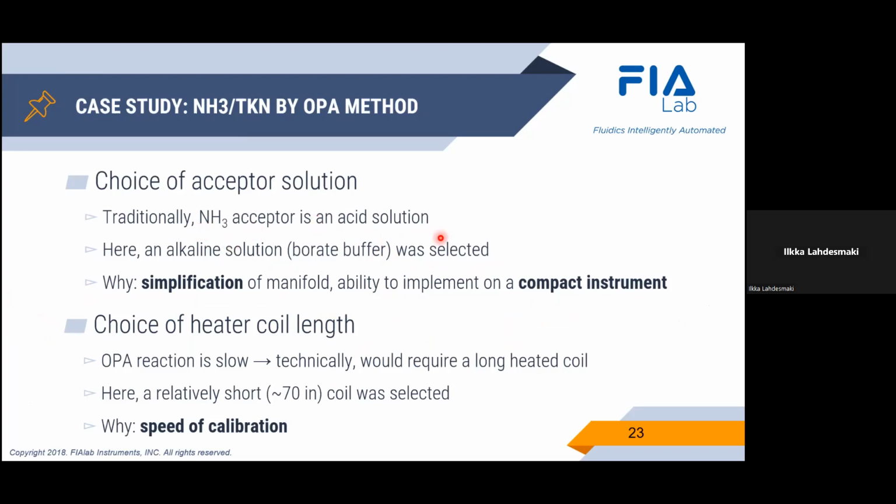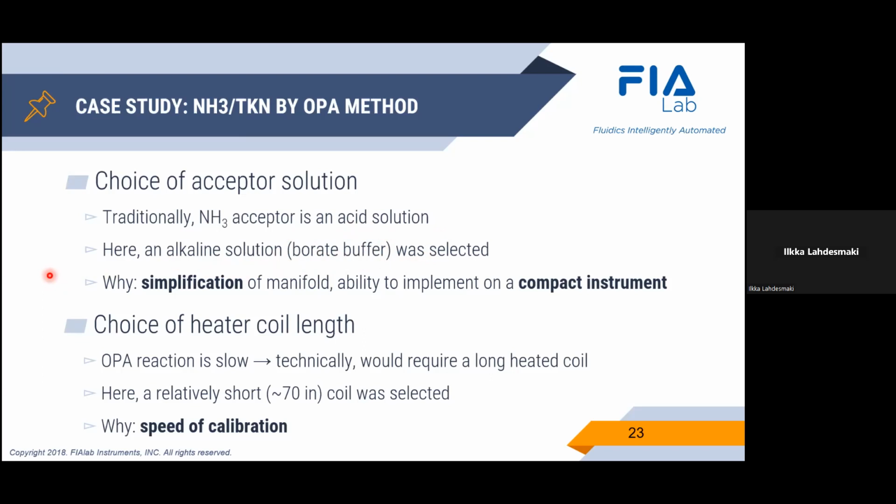Traditionally, in any kind of ammonia distillation protocols, conventional wisdom states that the acceptor has to be an acid solution. Whenever you distill ammonia, you make the conditions alkaline for the distillation vessel, and you use an acid absorber solution. Yet, here we chose an alkaline solution having borate buffer and OPA in it. The question is why?